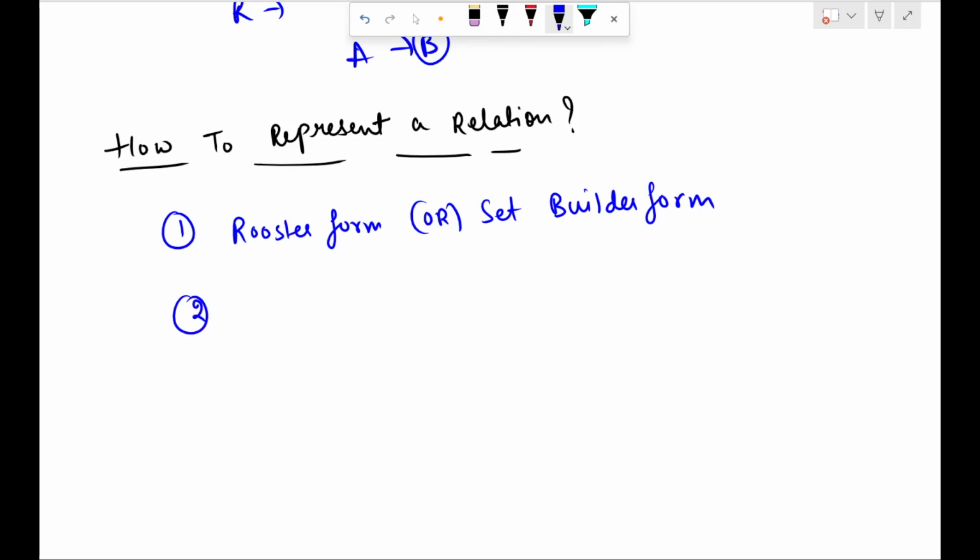Second, we have visual representation, like arrow diagram.